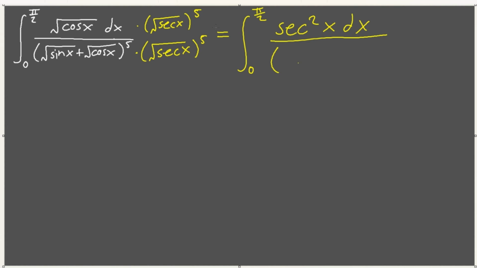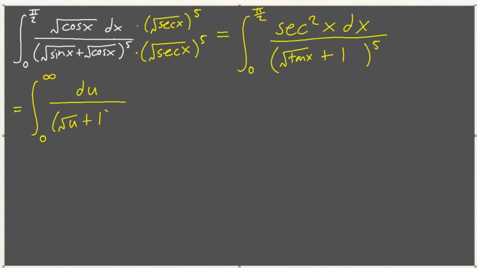And then inside, to the power of 5, you get square root of tangent x plus 1. When we do that, we get from 0 to infinity, du over square root of u plus 1 to the power of 5. Now you're probably thinking, Silver, this looks nasty. Trust me, it's not as bad as you think. Just perform another u sub.